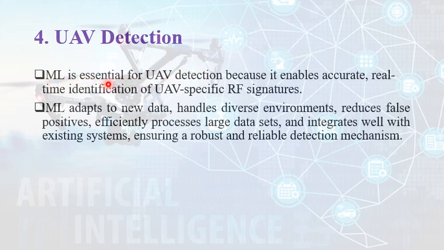Okay, ML is essential for UAV detection. Why? Because it enables accurate real-time identification of UAV specific RF signatures. Okay, ML adapts to new data. It's clear. Handle diverse environments, reduce false positives, efficiently process large data sets, and integrate well with existing systems, ensuring a robust and reliable detection mechanism.